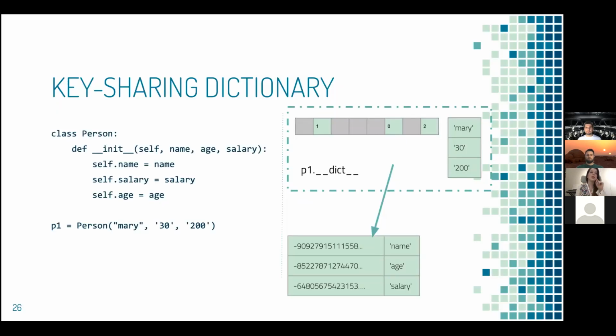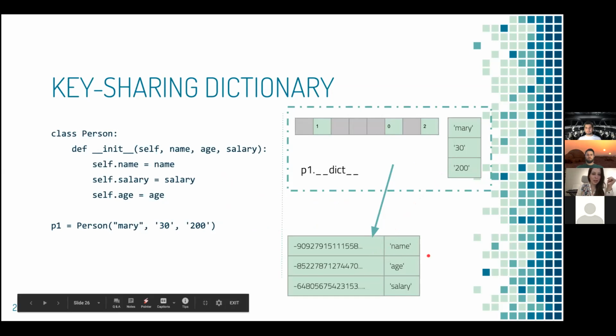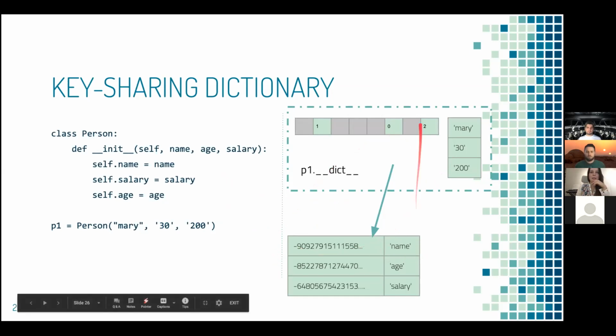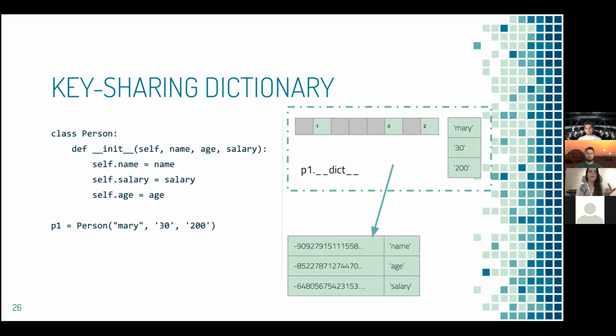Imagine you have this class, which is quite the same as before, a person with a name, an age, and a salary. Your attribute names can be put together inside the instance or can be stored separately. And if you have only one instance, it's kind of the same, really.